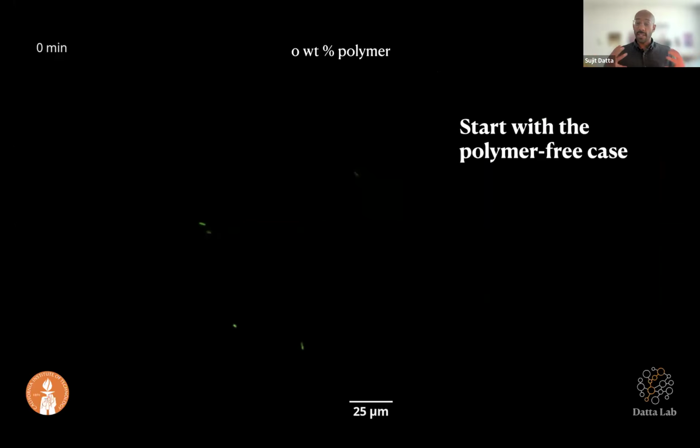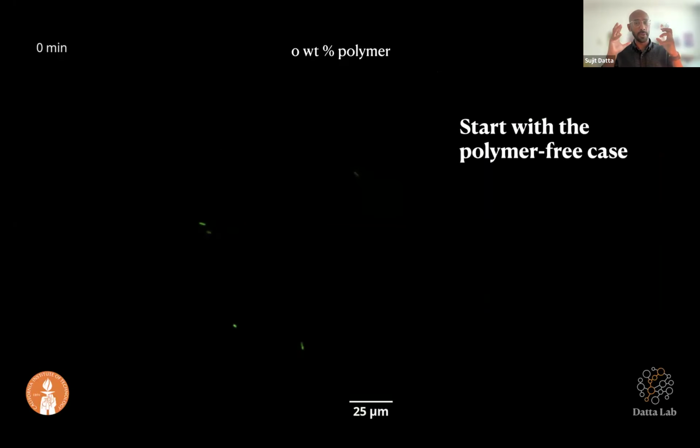And so to start, Sebastian did the simplest possible experiment you can imagine. He took immotile E. coli. The cells are fluorescently labeled. They're expressing green fluorescent protein in their cytoplasms, so their cell bodies are always lit up. And he put them in a microfluidic channel, right?